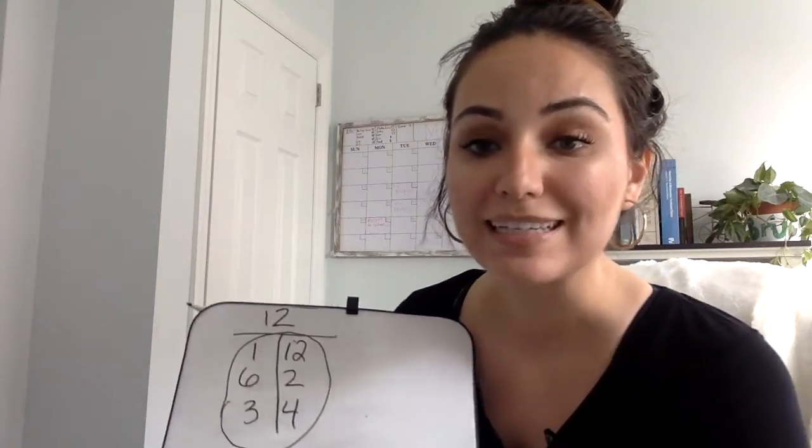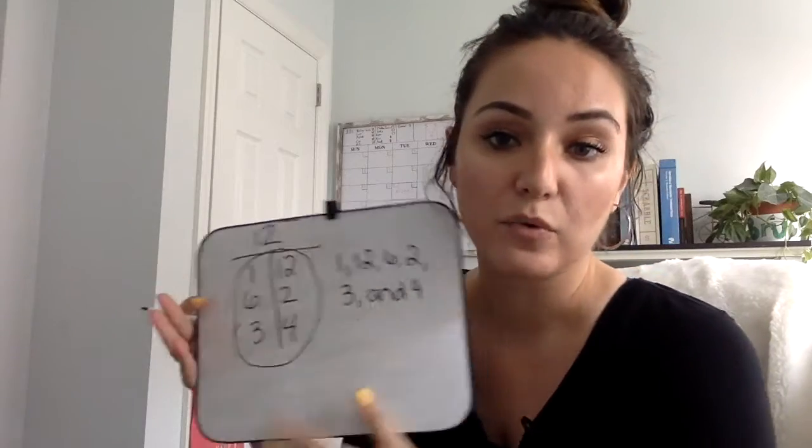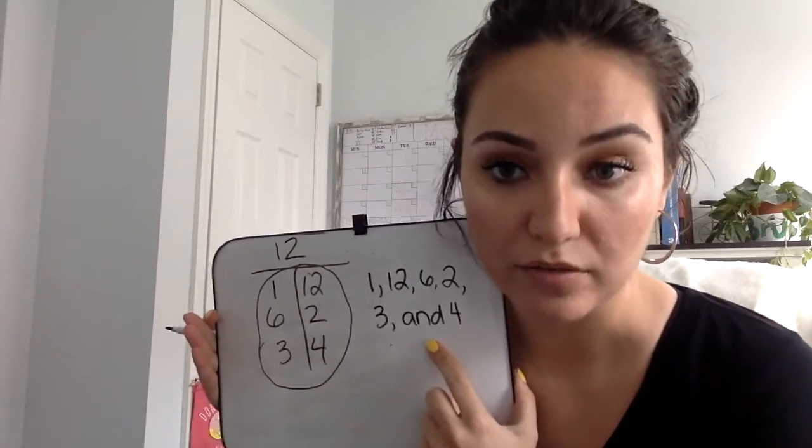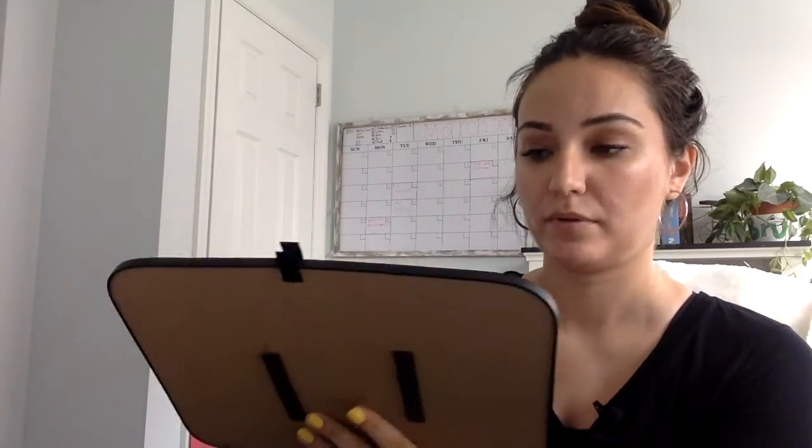If we were to list them, I would say the factors of 12 are 1, 12, 6, 2, 3, and 4, okay? That's how I would list the factors of 12. So that would be step 1.